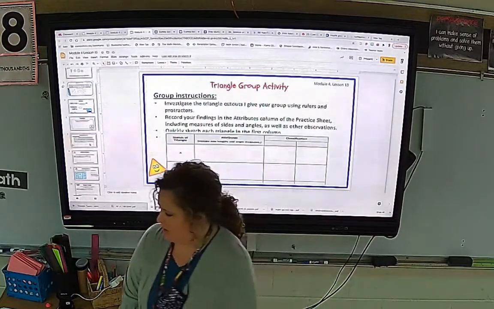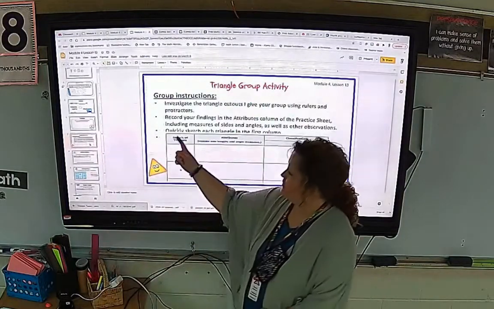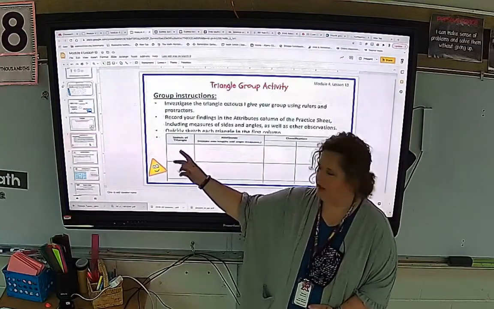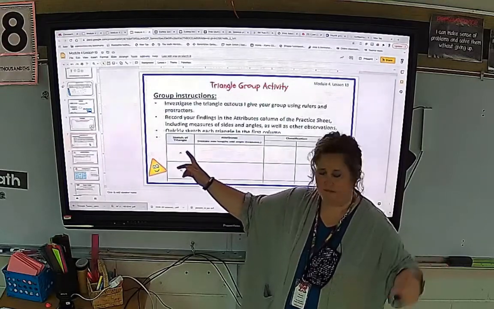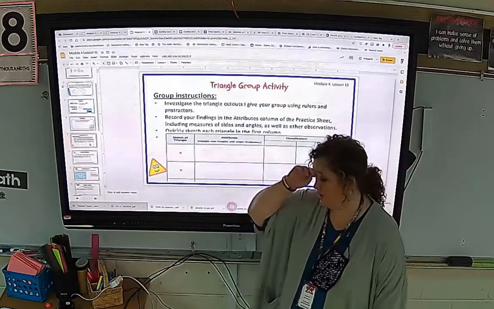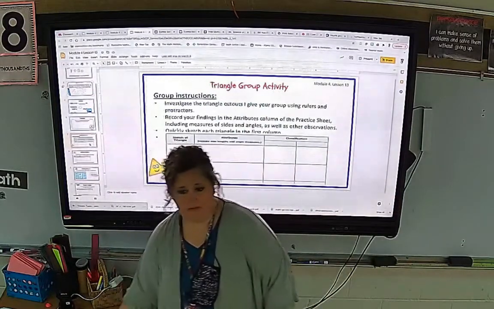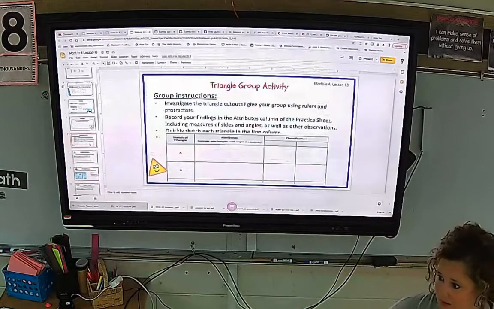Okay? So, what does the first thing say? Okay, Reagan, what does it say? Sketch of triangle. Okay. Now, we know that a triangle has a basic shape to it, but they can be different, can't they? Not every triangle is the same.